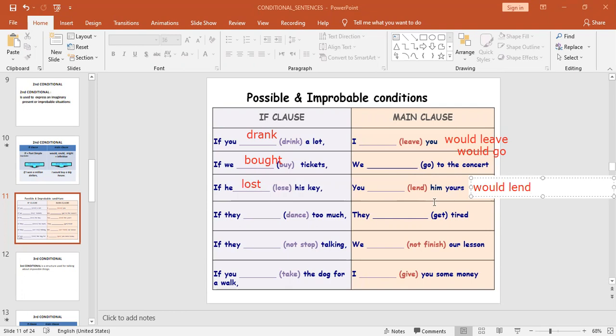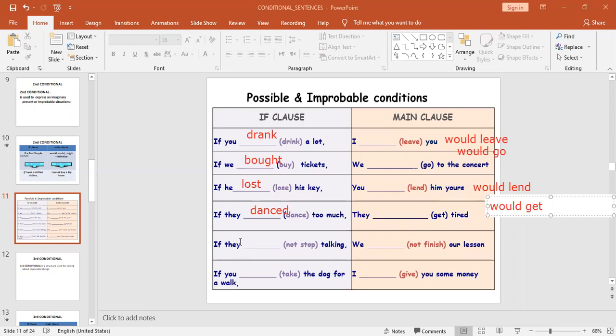I may also put might, I may put could, you could lend, so the three are correct. If they danced, it is in the past form, regular verb. What will happen here? I have the verb get. So in the second case, they would get.